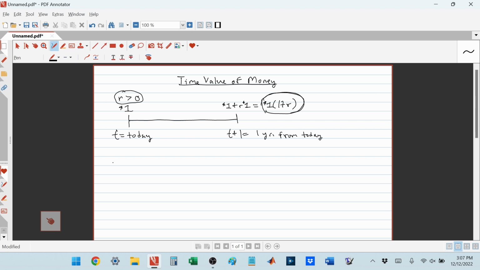So we're assuming there are 2 critical assumptions. We're assuming, number 1, that you can earn interest rate R, which is bigger than 0, per compounding period.